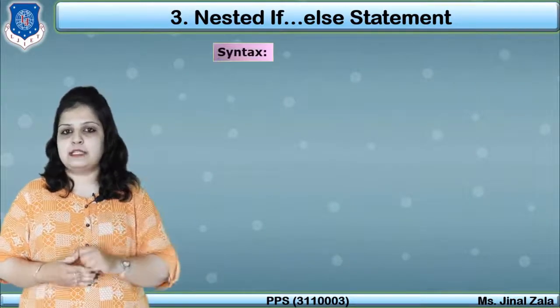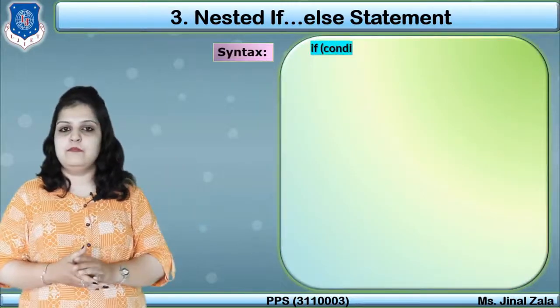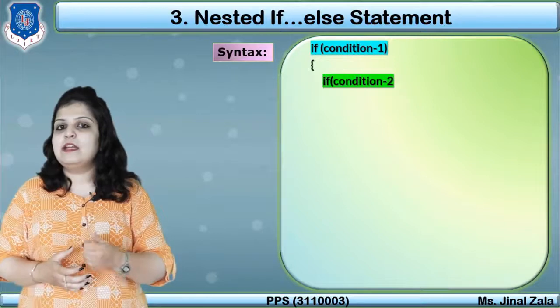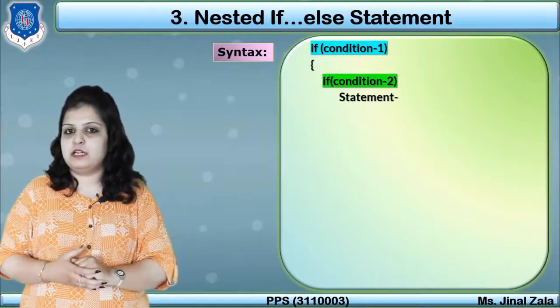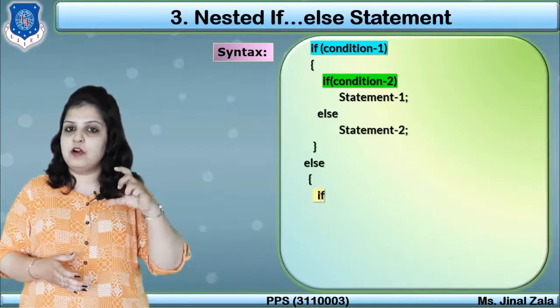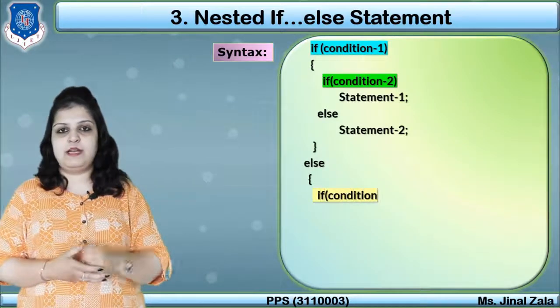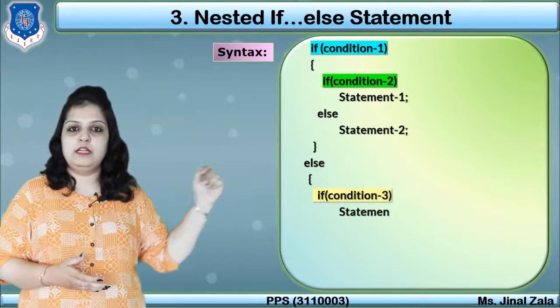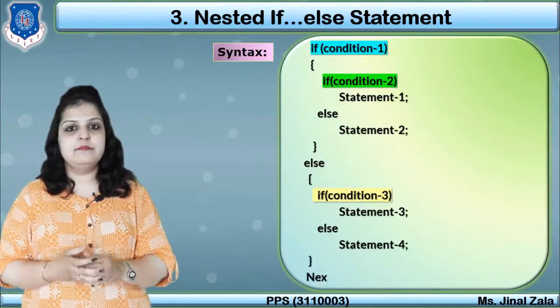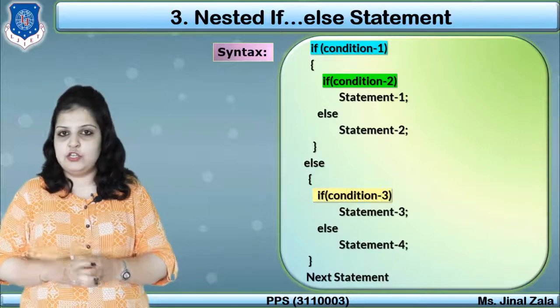Let's see the syntax. So here first if, you can see that in brackets I am writing condition 1. Why condition 1? Because this is the first condition. And in this if portion we have to again write the if else statement. So here again if condition 2. This is the second condition, that's why I am calling it condition 2.